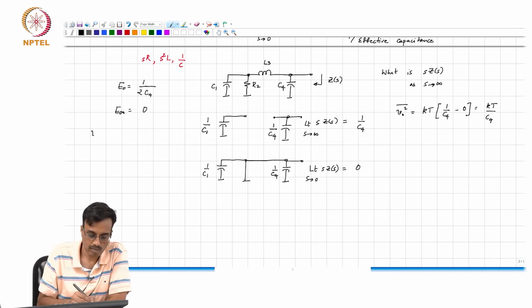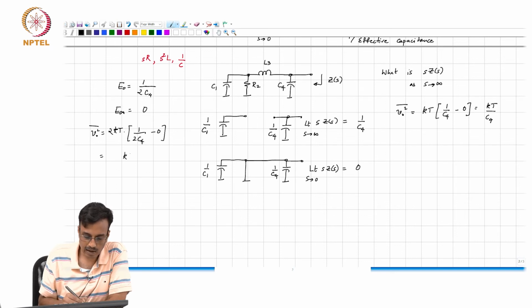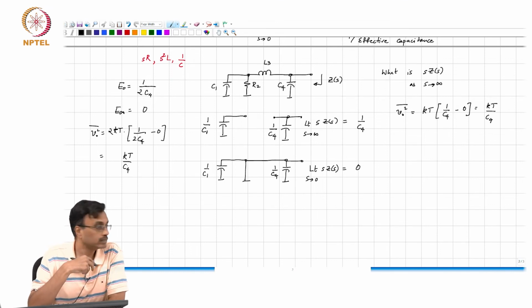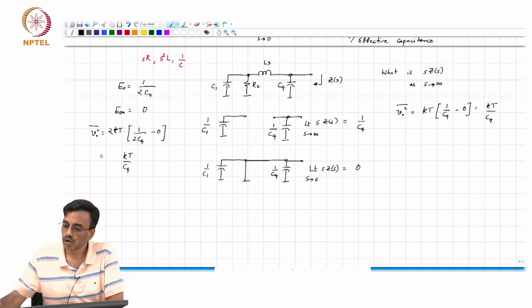So, mean square noise therefore is 1/2 kT times 1 over 2 C4 minus 0, and this is basically kT over C4. All right.